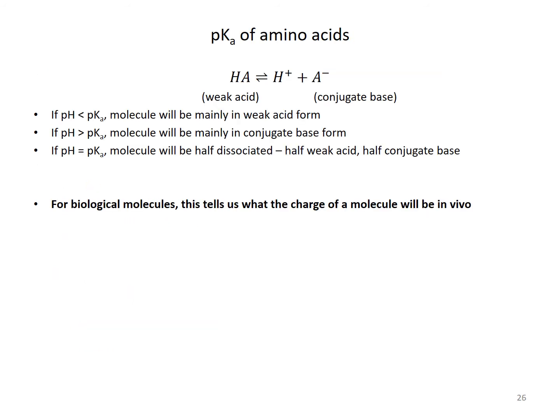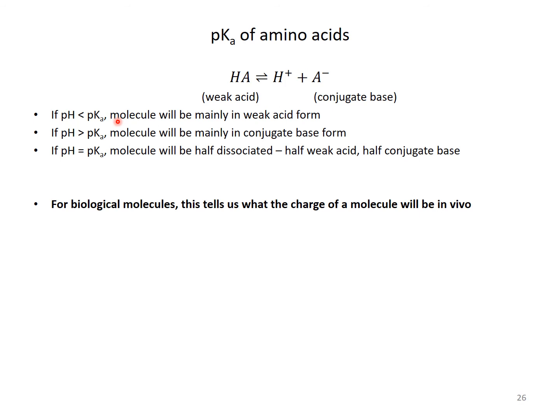And we can actually apply the concept of pKa to amino acids because basically they are weak acids. That is why we call them acids. So if the pH of the environment is lower than the pKa, meaning that the environment has more H+, what will happen?